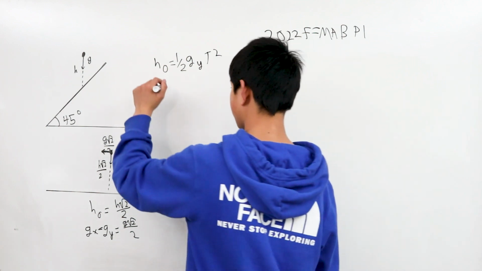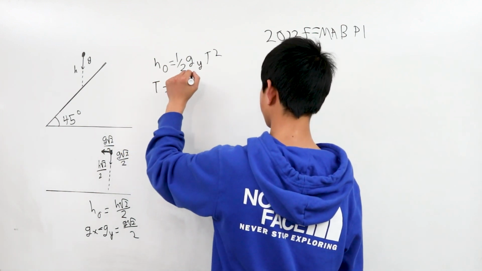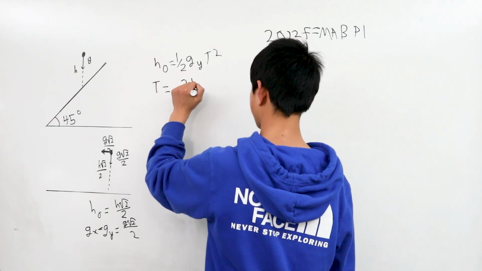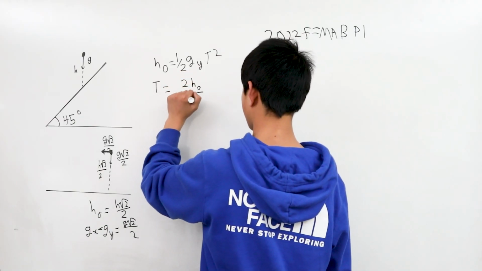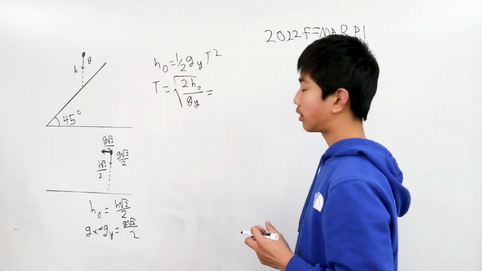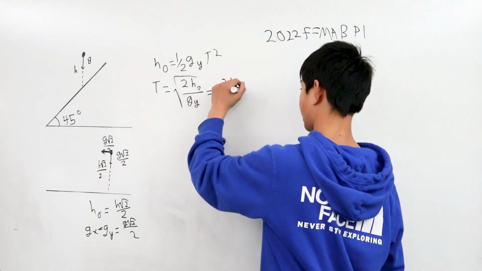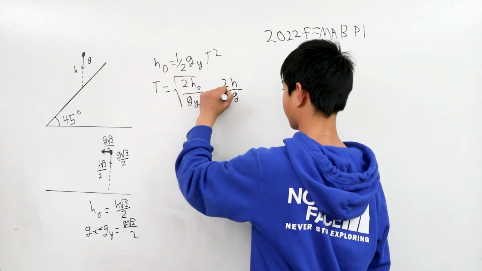Therefore, solving for time, t is equal to the square root of 2 h0 over g of y, or, to put it more simply, without any of the specific variables, the square root of 2h over g.